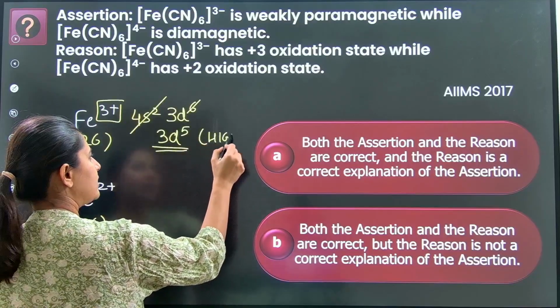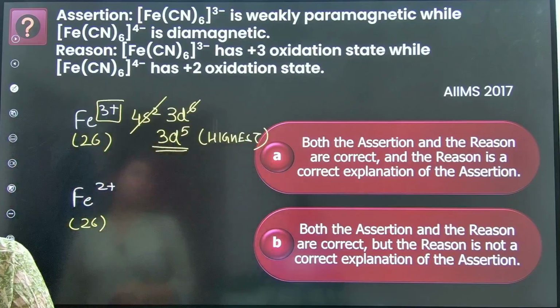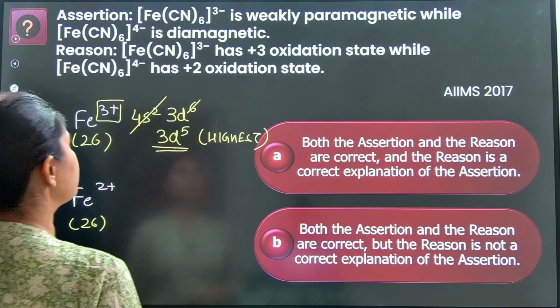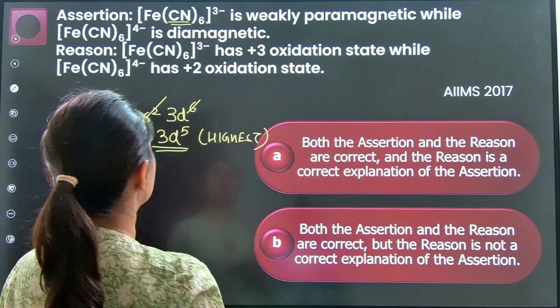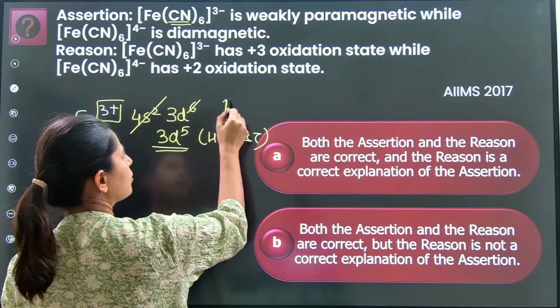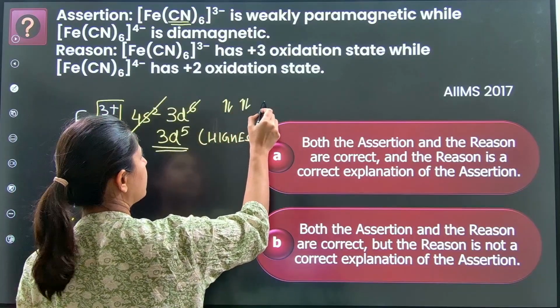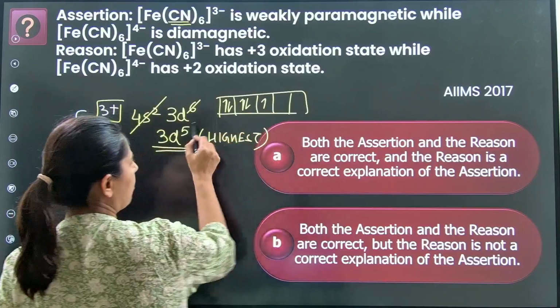These are the highest possible unpaired electrons one can have, provided weak field ligands were present. So you can see that it is weakly paramagnetic. No matter how much you try to pair them, you will still have one unpaired electron because the number is odd.